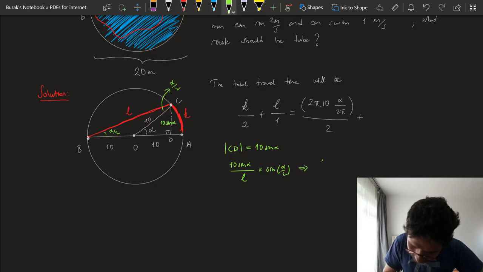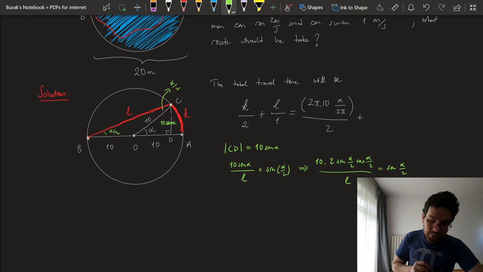Which means that, okay, I'm going to use the half angle formula. So I will have 10 times sine alpha is 2 sine alpha over 2 cosine alpha over 2, and this divided by L is sine alpha over 2.